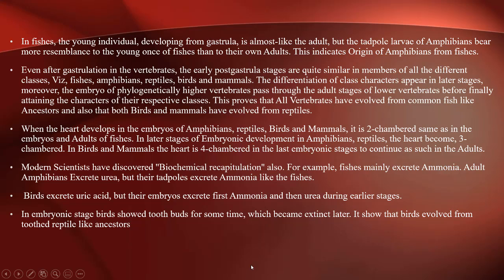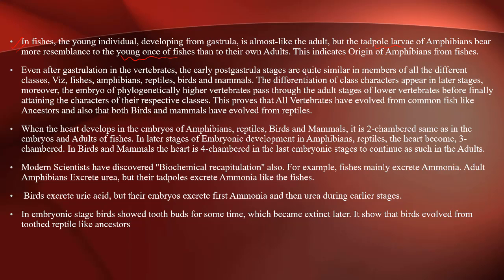In fishes, the young individual developing from gastrula is almost like the adult, but the tadpole larva of amphibians bears more resemblance to the young one of fishes. That's very important.